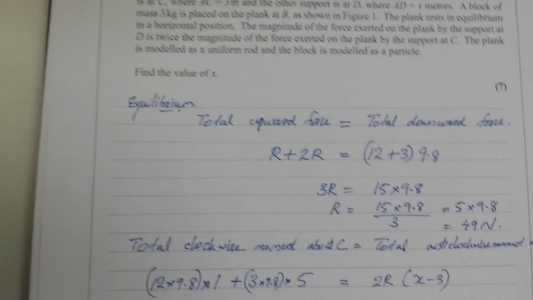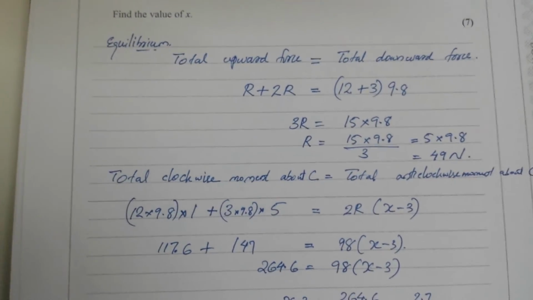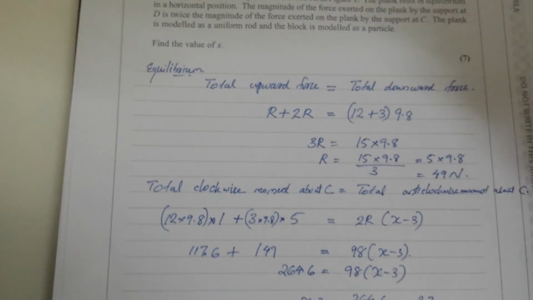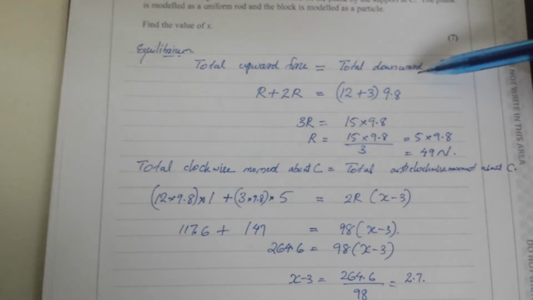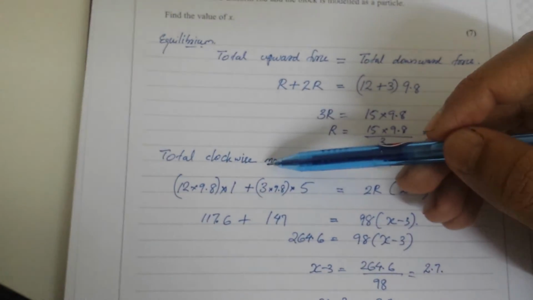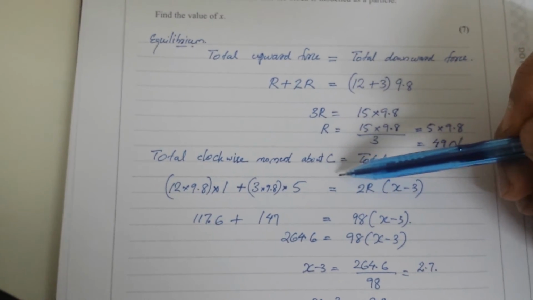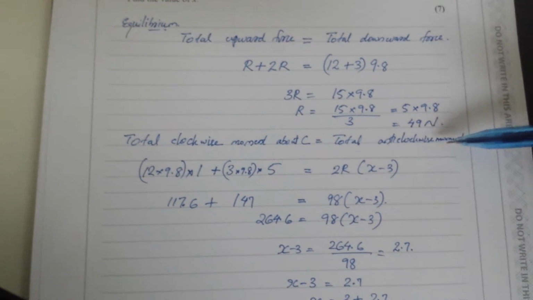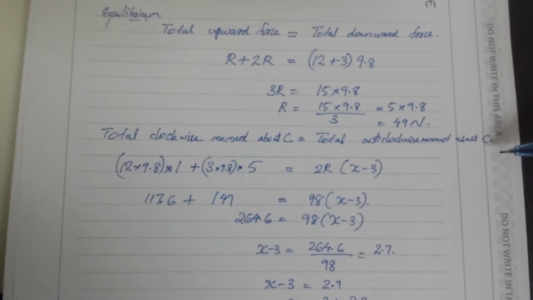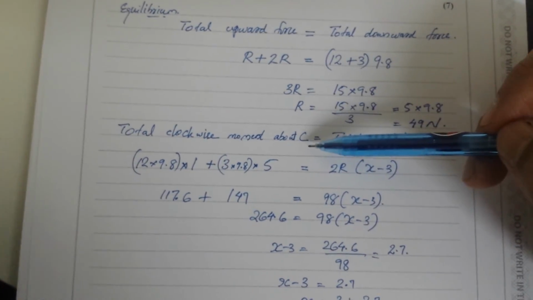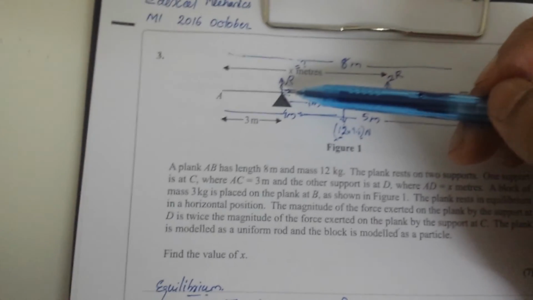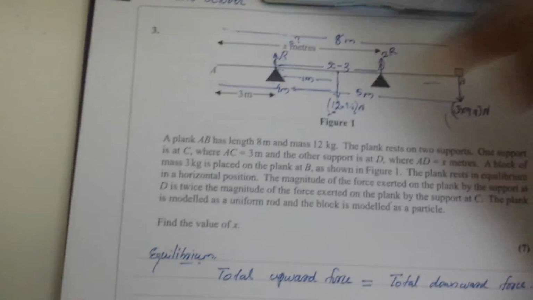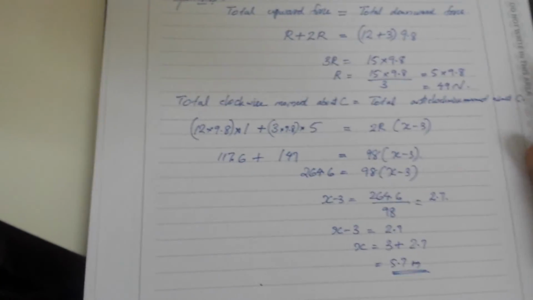So we use the concept of equilibrium. Total upward force is equal to total downward force, and total clockwise moment about a pivot is equal to total anti-clockwise moment about the same pivot. Here I took C as the pivot. We can take any of them, C or D or B or A, as the pivot.